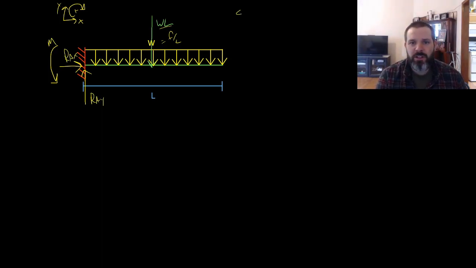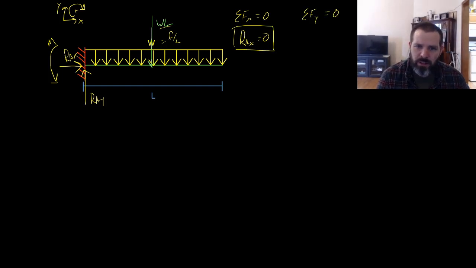If we sum forces in the x, they have to equal 0. RAX will equal 0. If we sum forces in the y, they equal 0. So we'll have 0 equals RAY minus WL. RAY will equal WL.